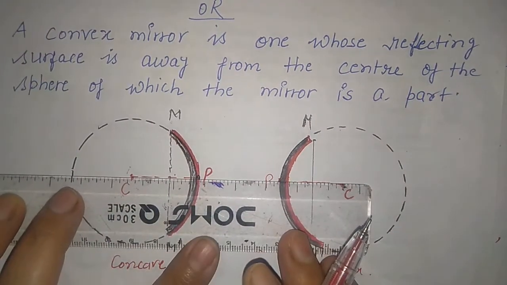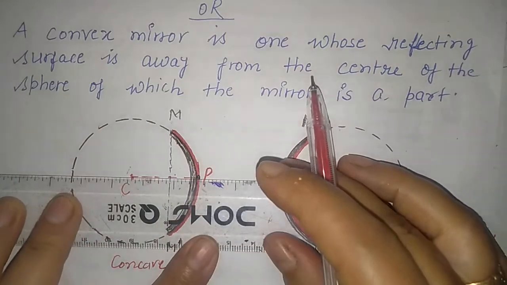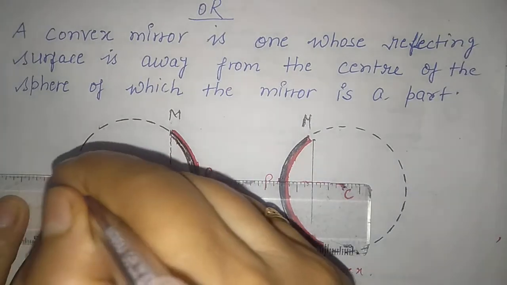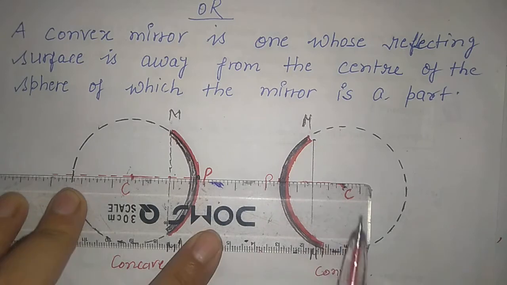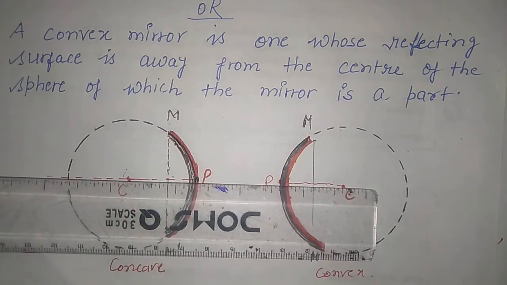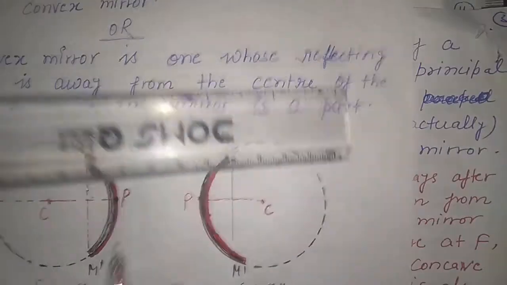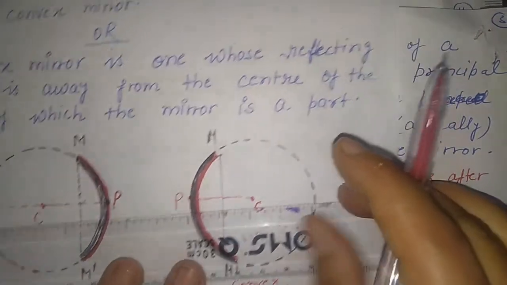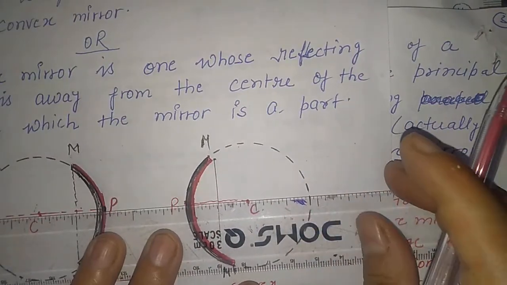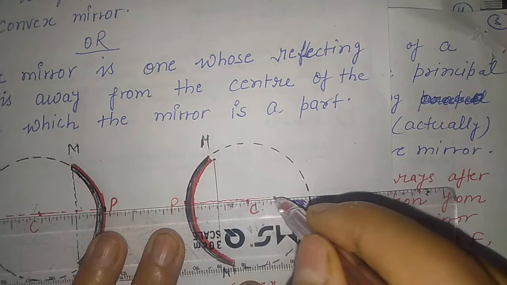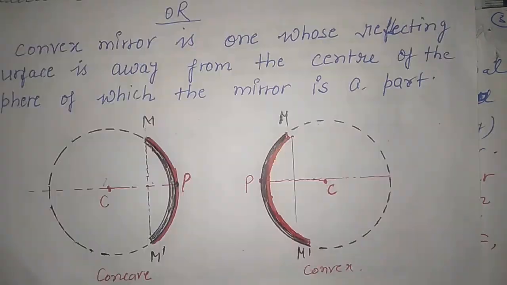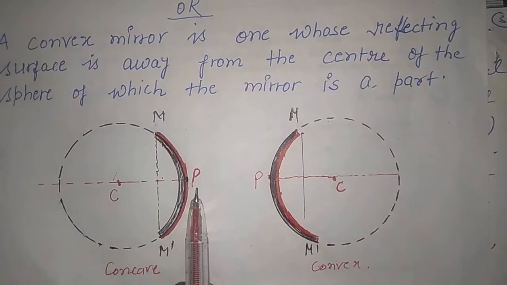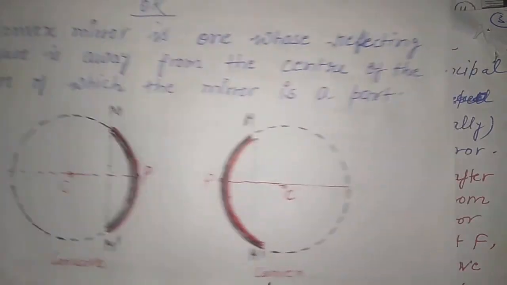If we extend this radius of curvature like this, this becomes the principal axis. Here also, if we extend it at the back side, it is like this. This straight line which passes through the center of curvature and the pole of the mirror is known as the principal axis.